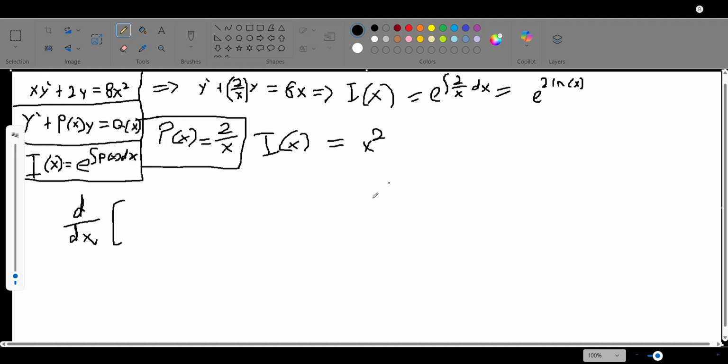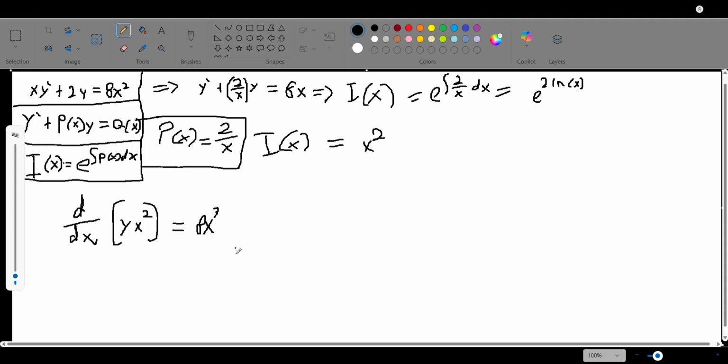So we take y times x squared and we set that equal to q of x times the integrating factor, which is right here. 8x times x squared just becomes 8x to the third.